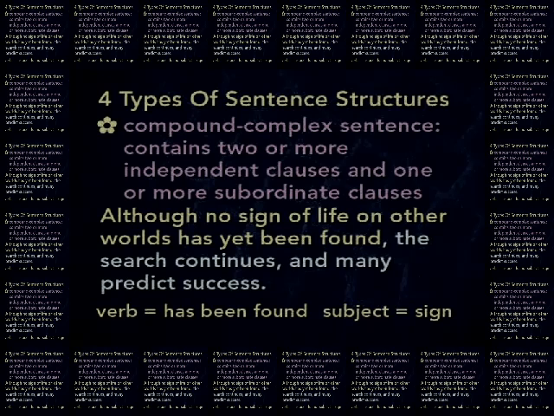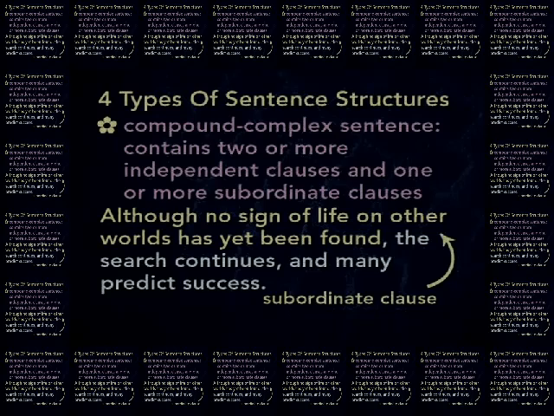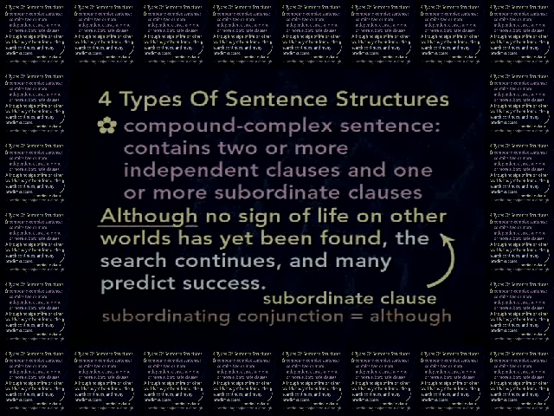We can't tell what is supposed to happen as a result of the fact that no sign of life on other worlds has yet been found. We feel as though we're left hanging. Therefore, this clause doesn't express a complete thought, so it's a subordinate clause. The telltale sign, of course, is that it begins with a subordinating conjunction, although. Almost always, a clause that begins with the word although will be a subordinate clause and unable to stand alone as a sentence.